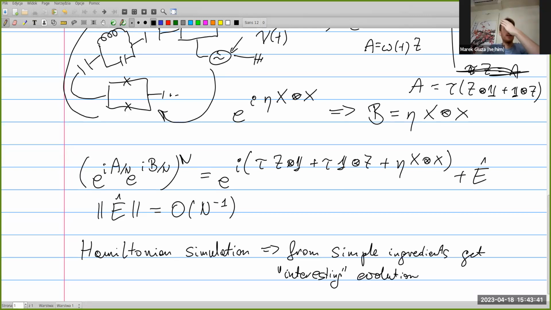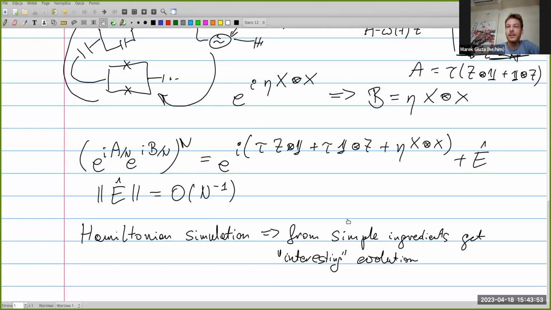Okay, and so the Trotter-Suzuki formula is the first example of quantum compiling that we get. Okay, there's the Hamiltonian simulation Wikipedia link. It exists. Very good.